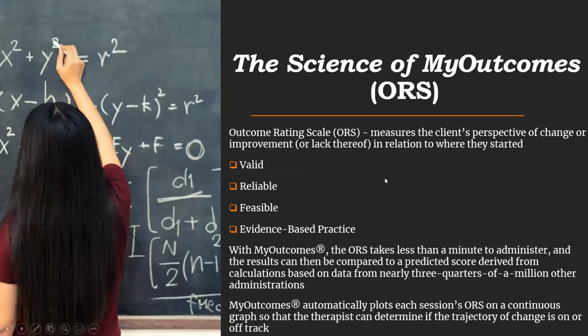So the science of My Outcomes with the ORS, what we've talked about is that the ORS measures the client's perspective of change or improvement or lack thereof in relation to where they started. So, and it's a valid, reliable, and feasible tool, and it's an evidence-based practice. So with My Outcomes, it takes less than a minute to administer the ORS.